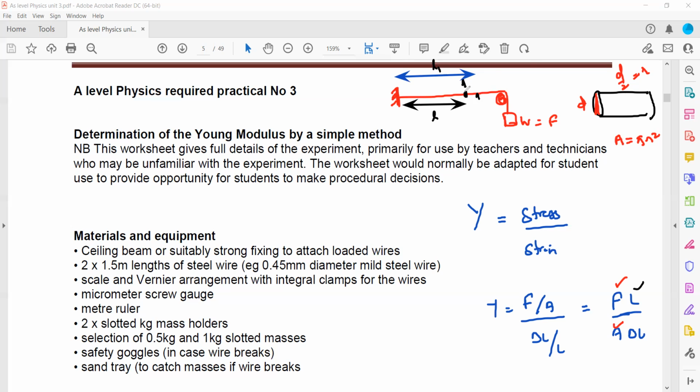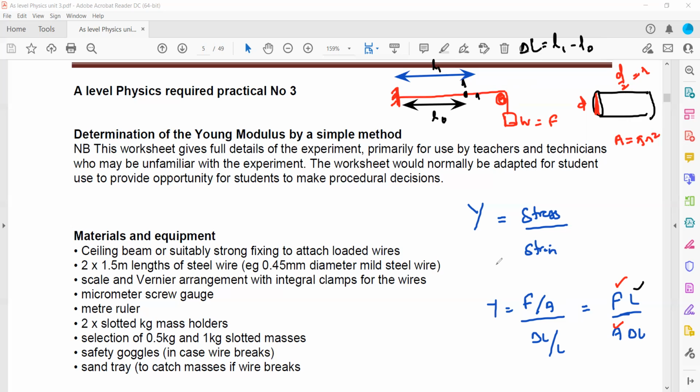When we take the difference of the new length minus the original length, we get the change in length, delta L. We'll repeat the procedure with different loads, and we'll get different lengths. We'll substitute the values and we'll get the final answer for the Young's modulus.